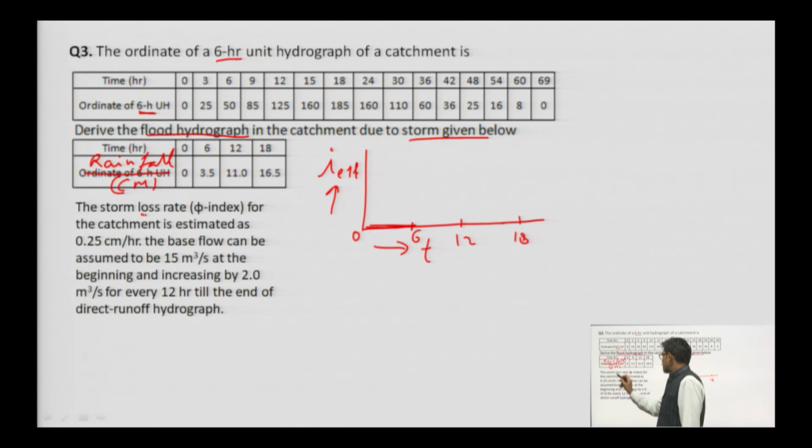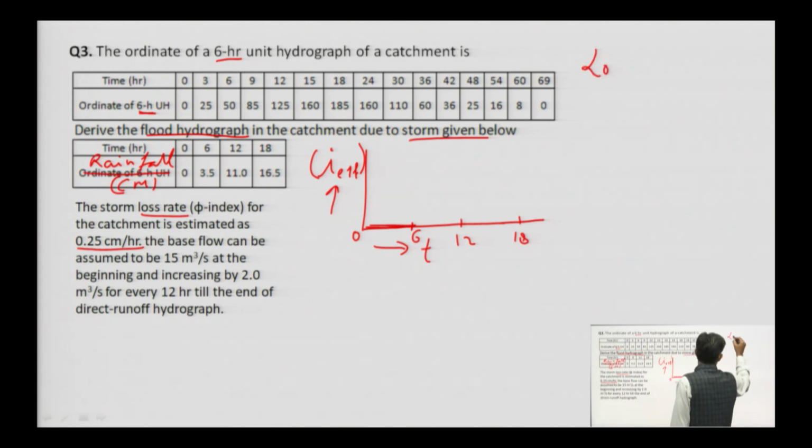Some losses are also given here. The loss rate, phi index, for the catchment is estimated as 0.25 centimeter per hour. To find the effective rainfall, we need to subtract the loss.